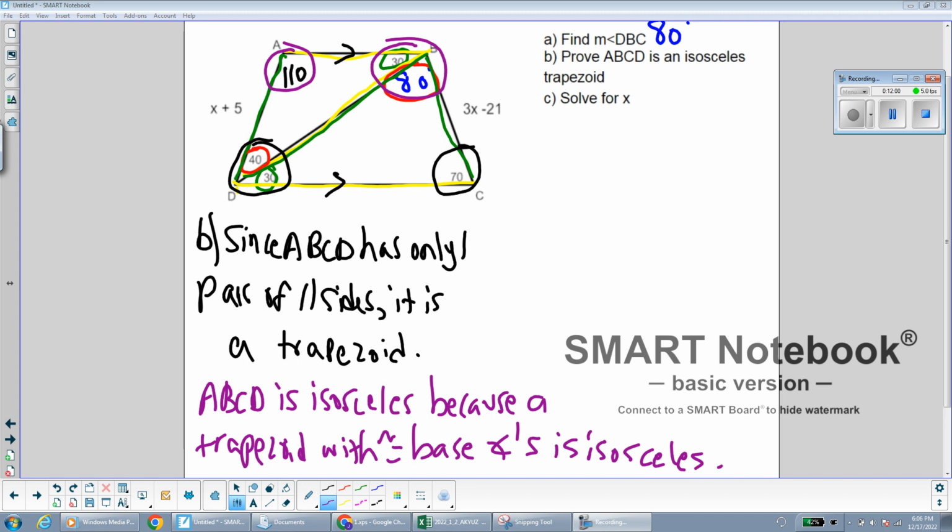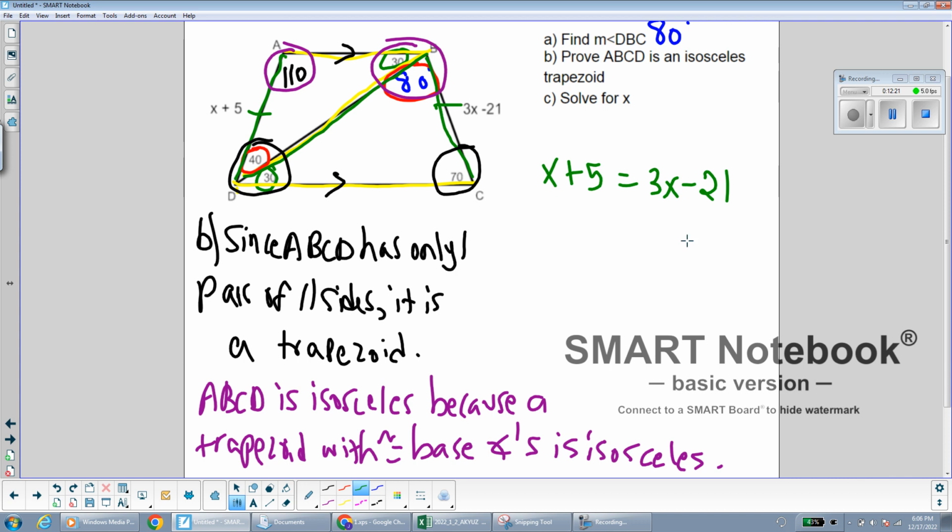Okay, now the last part of the question says to solve for x. Now that I know this is an isosceles trapezoid, I know for sure that its legs are congruent to each other. So I can make an equation to find x. I can set up the equation: x plus 5 is equal to 3x minus 21.